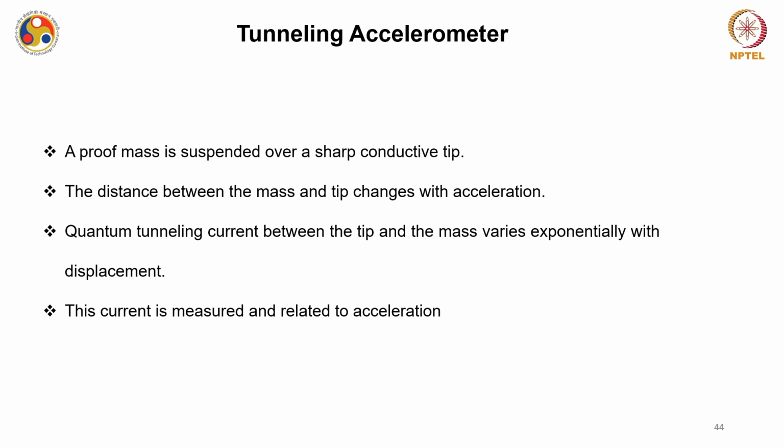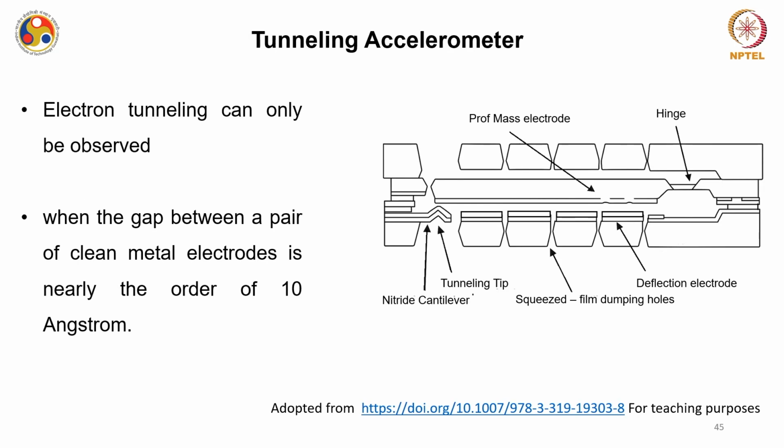Okay, so a proof mass is suspended over a sharp conductive tip. Okay, the distance between the mass and the tip changes with the acceleration. Okay, now quantum tunneling current between the tip and the mass varies exponentially with the displacement. Okay, and this current is measured and related to the acceleration, and that is how a tunneling accelerometer works.